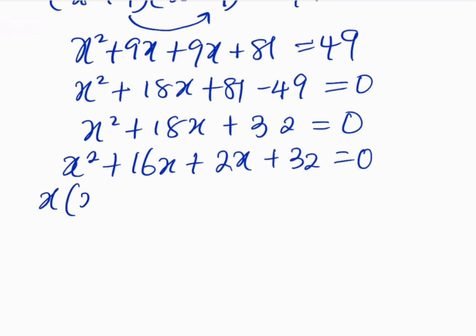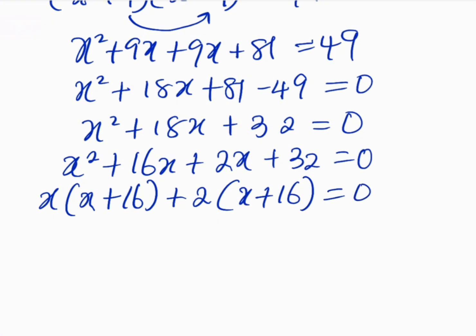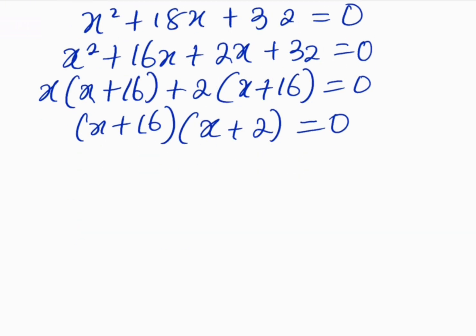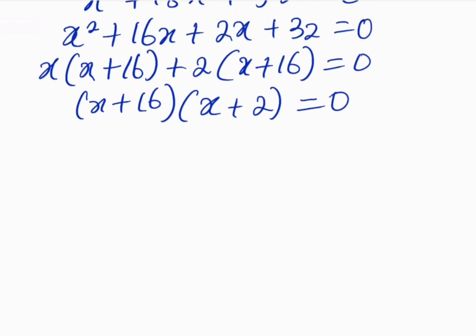So x(x + 16) + 2(x + 16) = 0. So x + 16 is common, you factor it out, (x + 16)(x + 2) = 0, right?